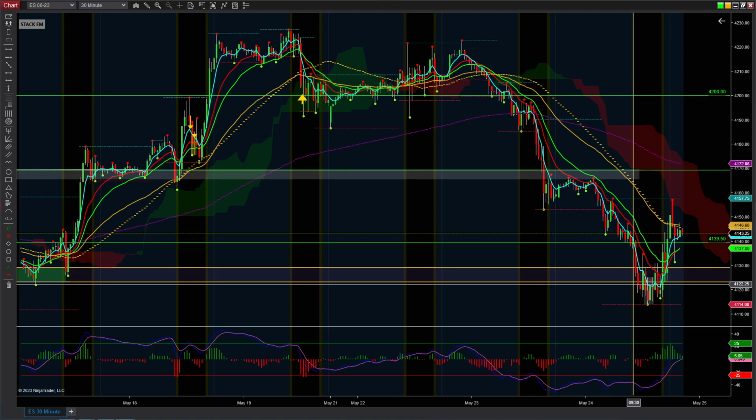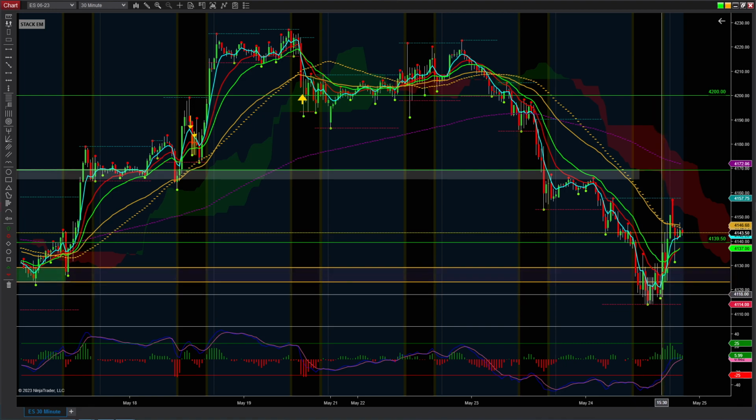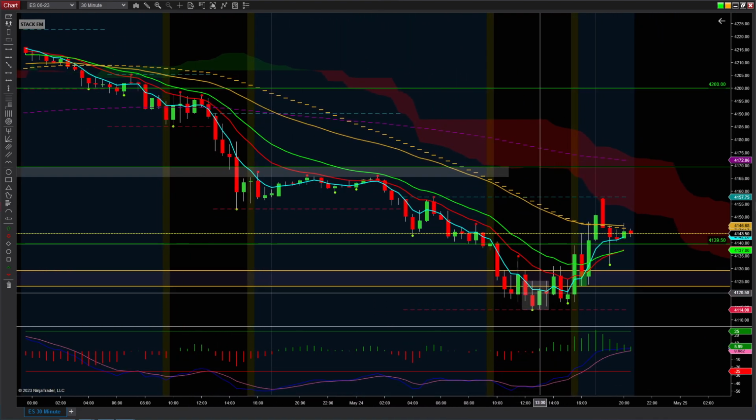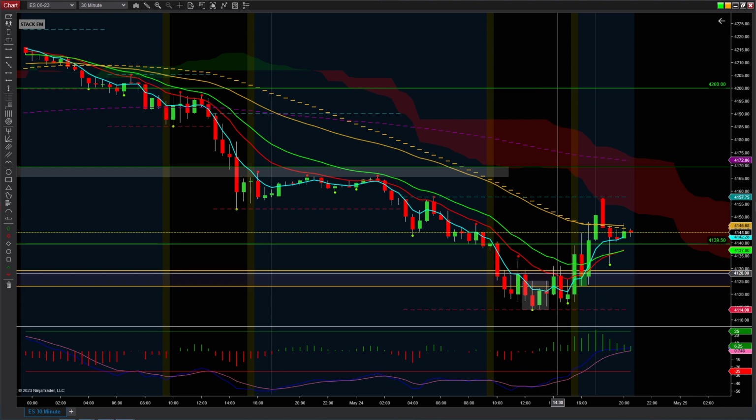That was at 2 p.m., but it really didn't move that much. It went up and down and formed this trend reversal breakout right there. So these two candles here were around 2 p.m., and you see that there was not much reaction there.